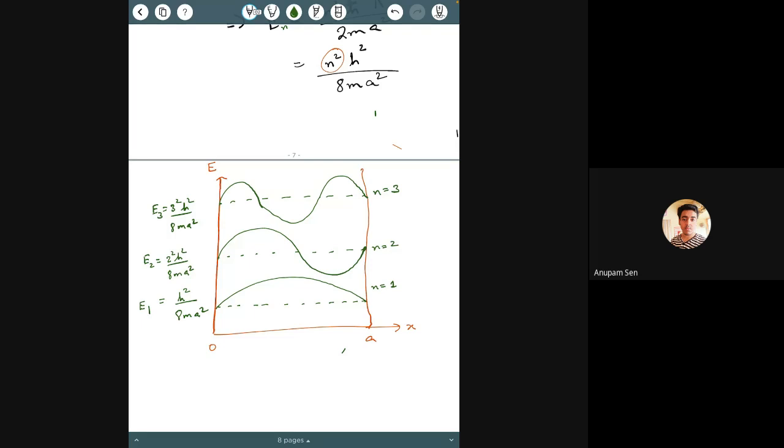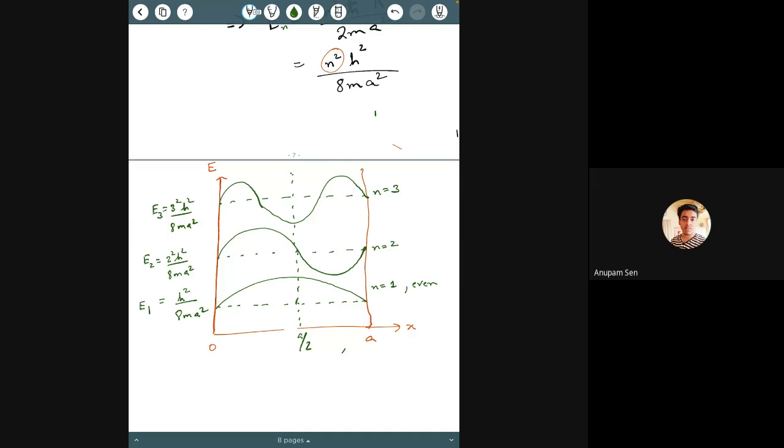And one important thing to describe these wave functions is whether they are odd or even. If we look at the point a by 2, the lowest energy wave function is symmetric about a by 2, so we call that an even function.